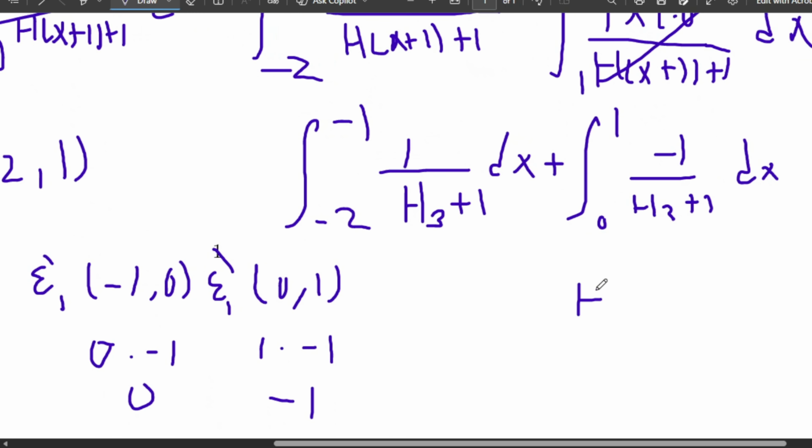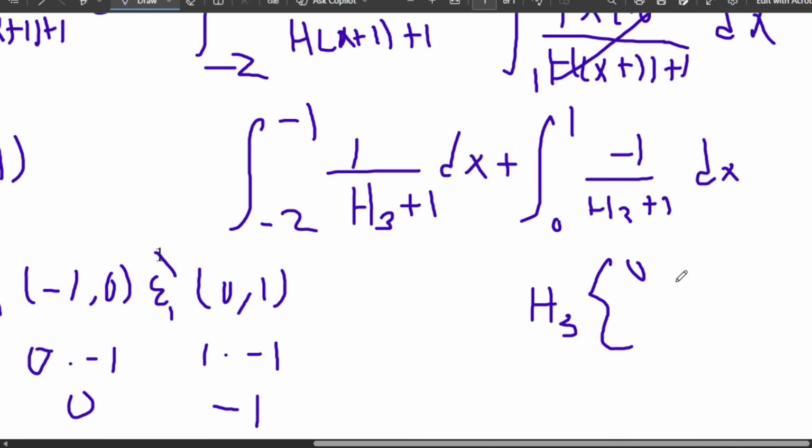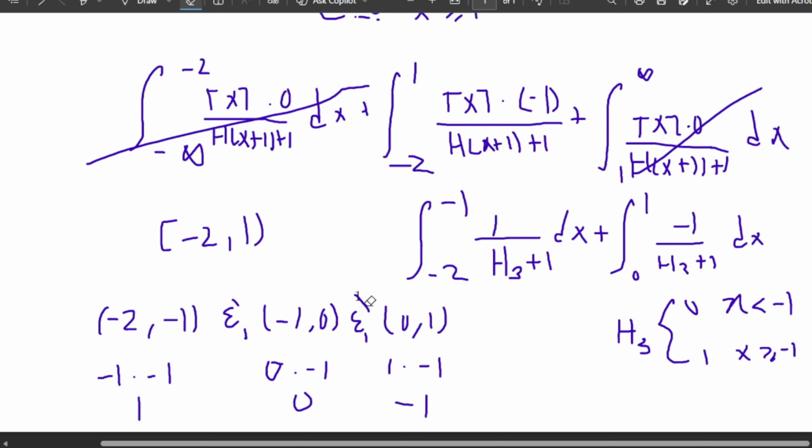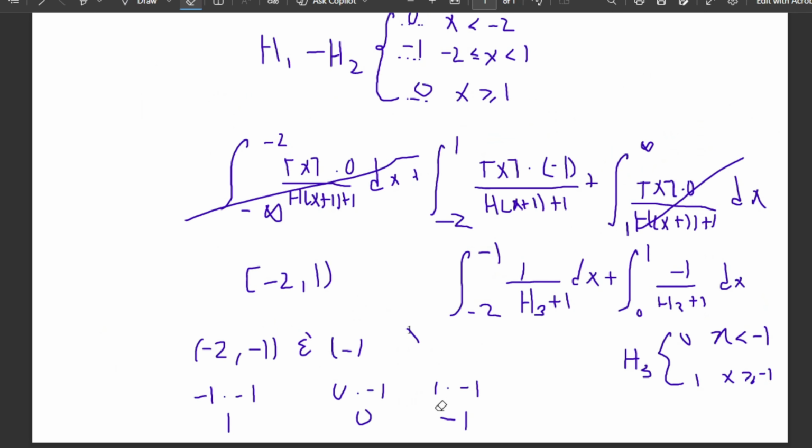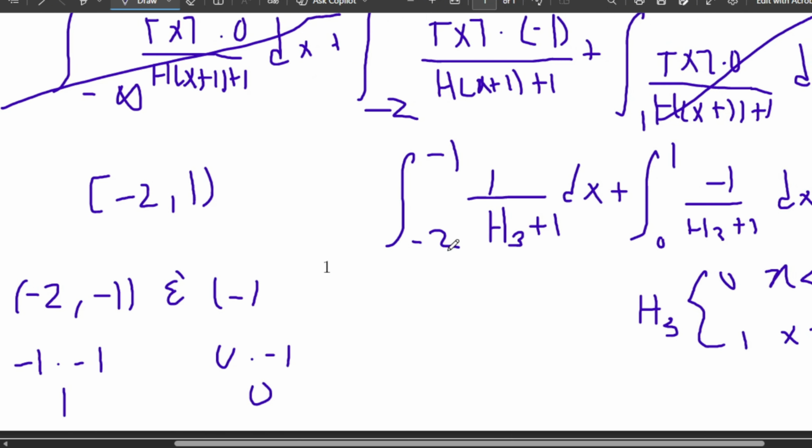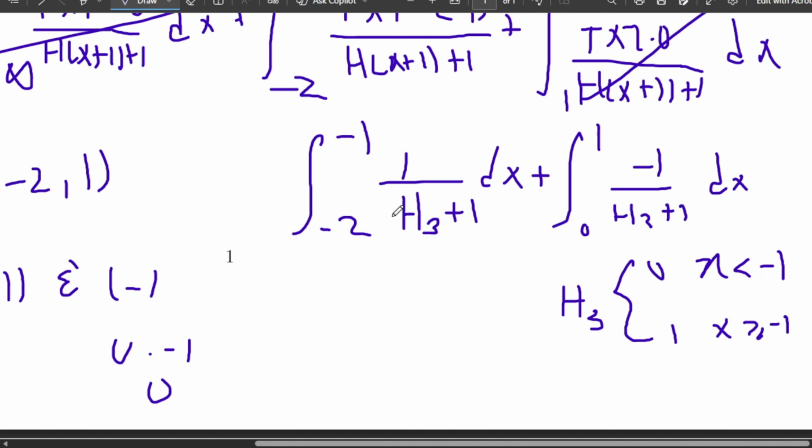h3 is 0 if x is less than negative 1, and it's 1 if x is greater than or equal to negative 1. So from x less than negative 1, h3 will be 0.